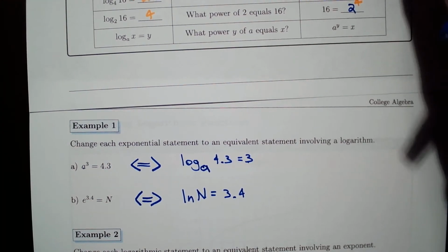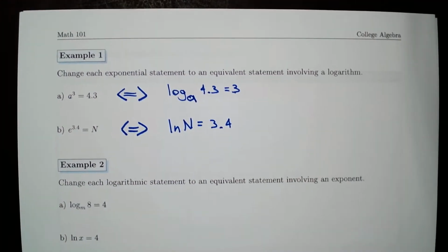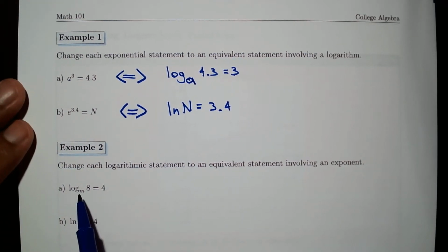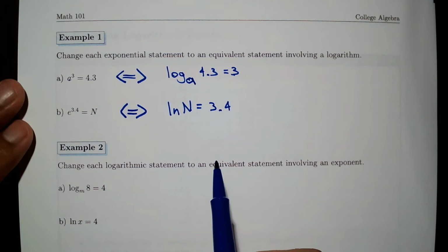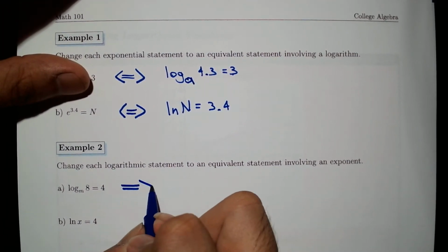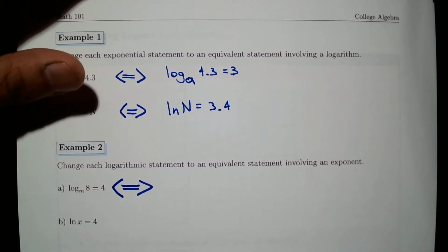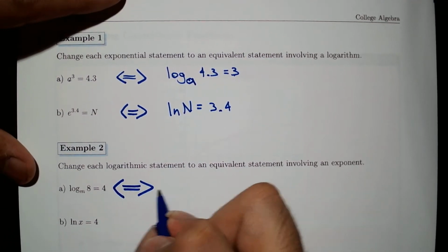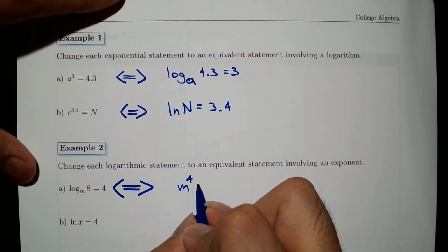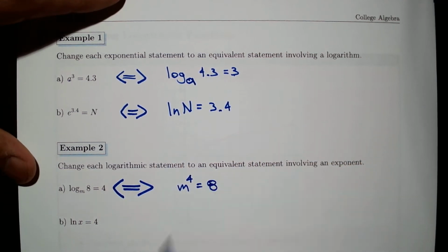Alright, now we are going to do the reverse, which is convert logarithmic statements into exponential statements. So we're going to do this by having m raised to the power 4, which equals 8.